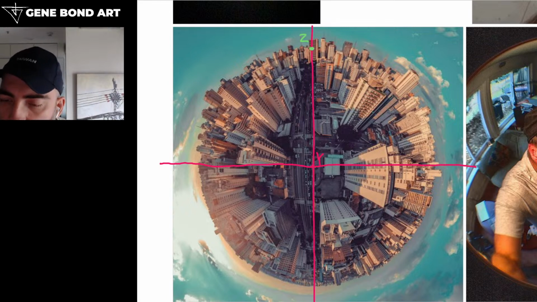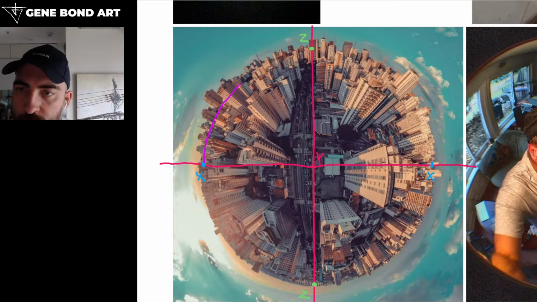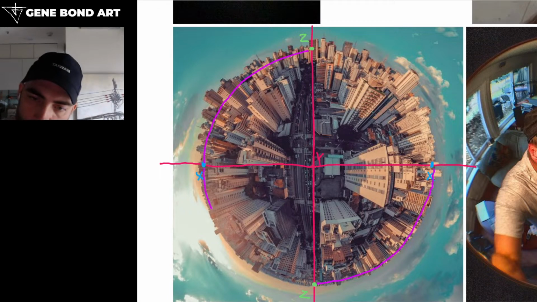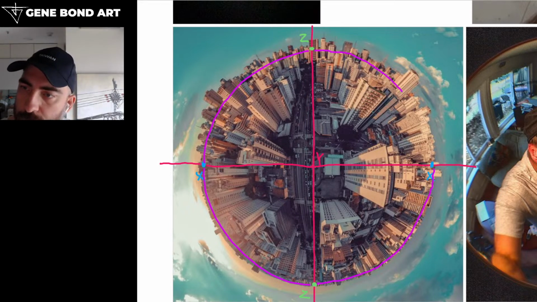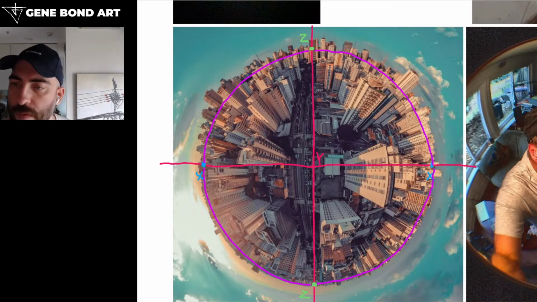Maybe the z vanishing point in the front and the z vanishing point in the back. Then x left and x right. And going through x and z, it's the horizon line.